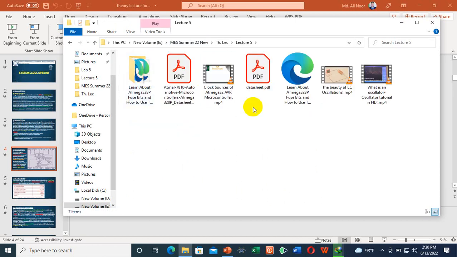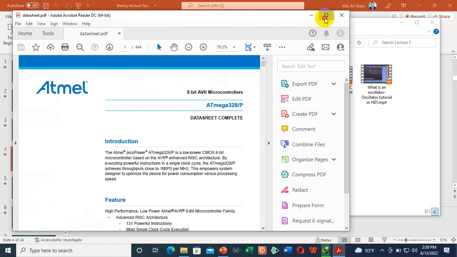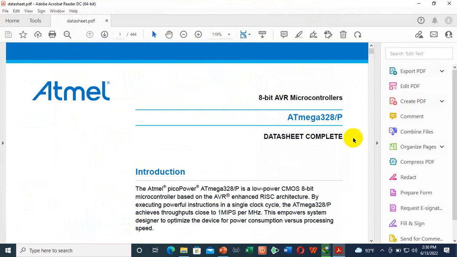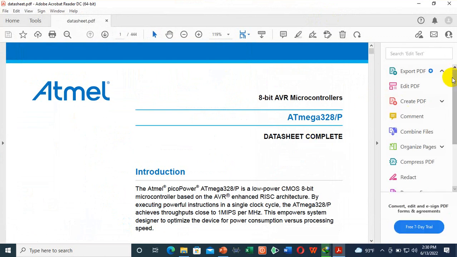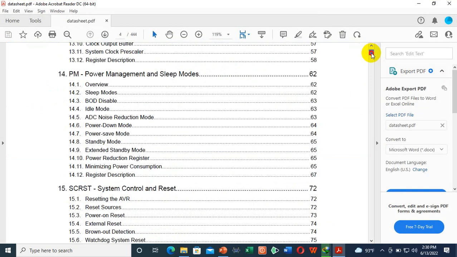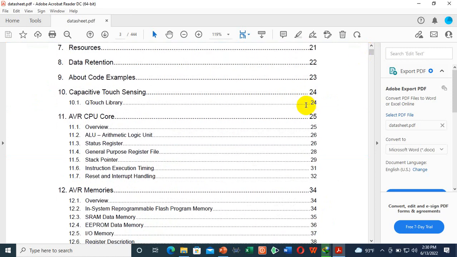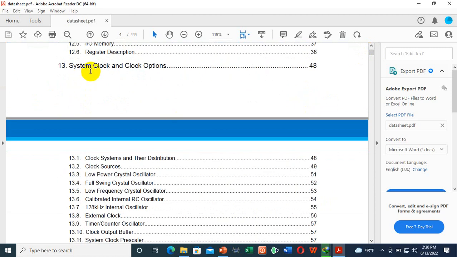Okay, this is the data sheet, and you can download it from the net. Just search for ATmega328P and you can download it. We are covering the topic of 2 days from chapter 13. Look over here, what is chapter 13? System clock and clock option, page number 48.